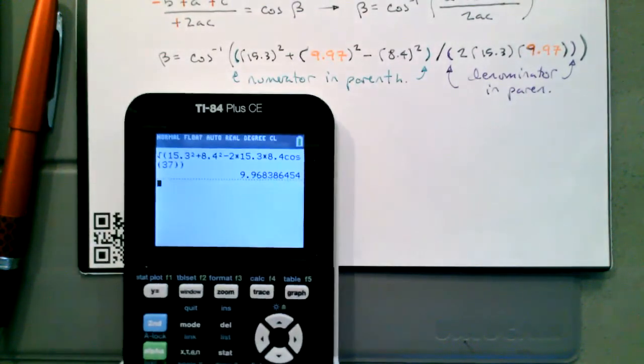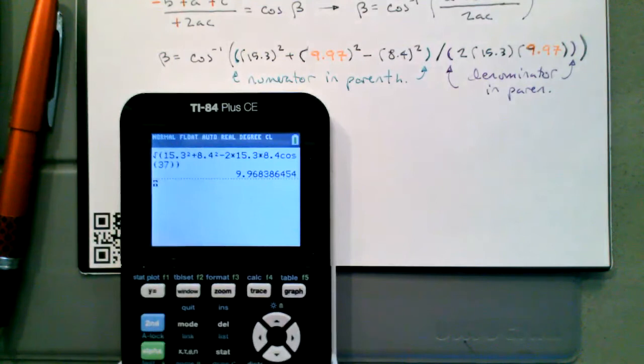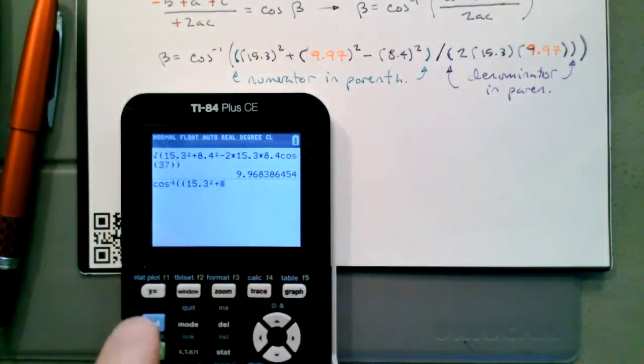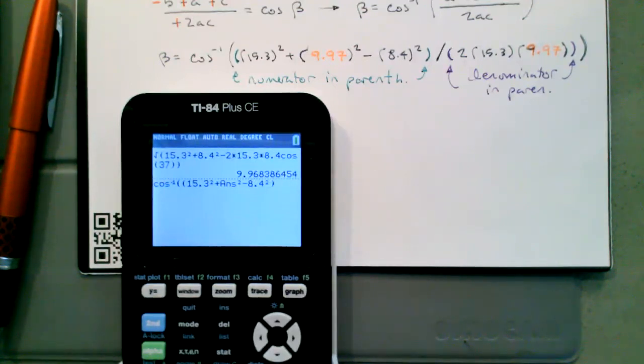So let's type it in. We want the cosine inverse, second cosine, of the numerator in parentheses, 15.3 squared plus 9.97. So I'll press second answer, squared, minus the 8.4 squared. That's the numerator. Divide by the denominator, which is in parentheses, 2 times 15.3 times the 9.97.